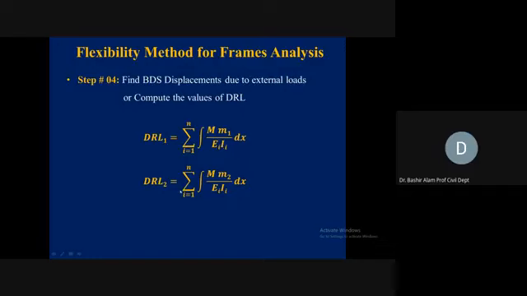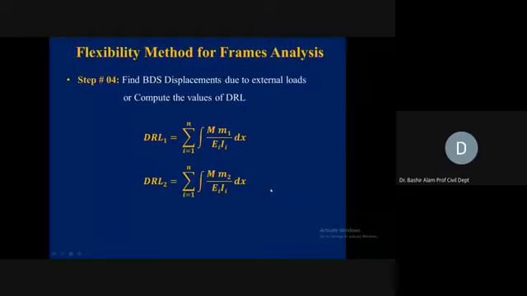And DRL2 will become the integral of capital M times m2 divided by EI dx, corresponding to AR2. This way we compute the DRL matrix. It involves writing the moment equations, then finding the product of these moments, then integration, putting in the limits, and then the summation of all these effects. So this way you can compute DRL1 and DRL2.